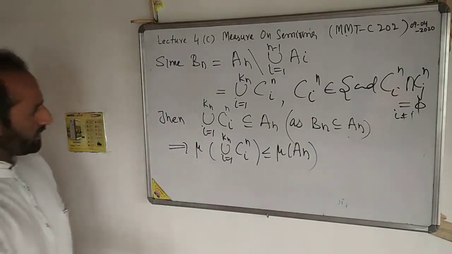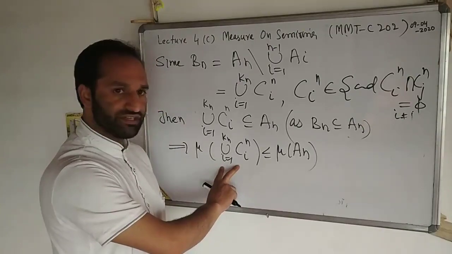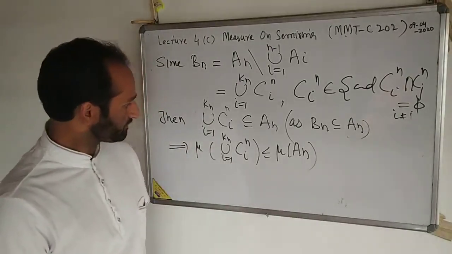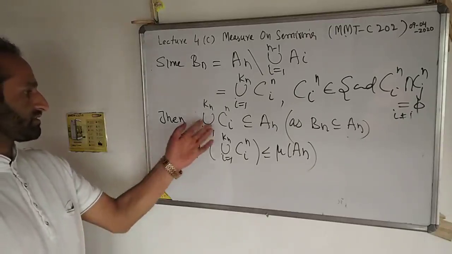Alright. So now this union is a finite disjoint union, and they are members of S. The union of Cin, i runs from 1 to Kn, is a subset of An. This means that if the union is a subset, then each set is a subset of An.